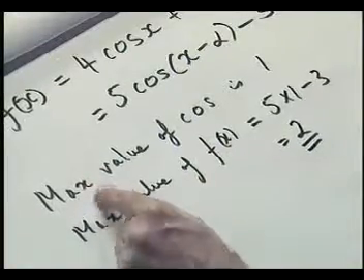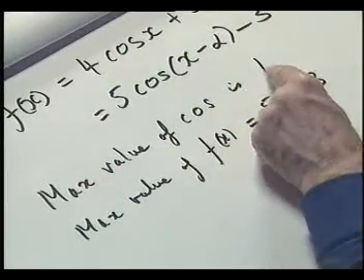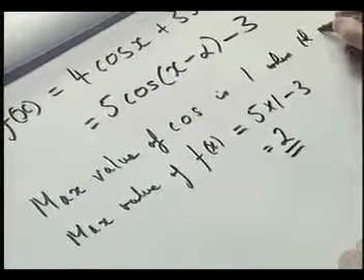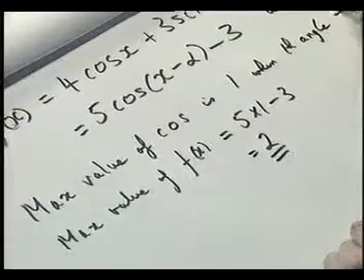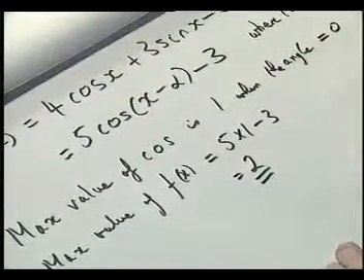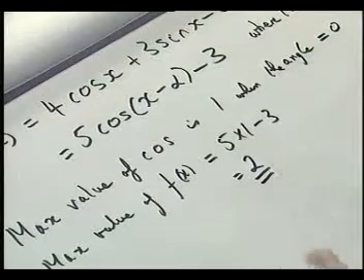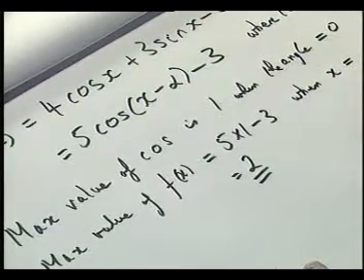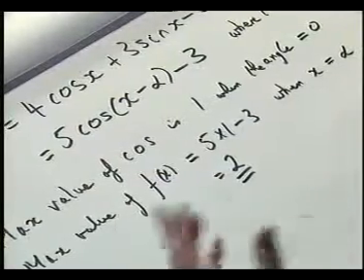Well, let's think. The maximum value of cosine is 1 when the angle equals 0. Well, in this case, the angle will equal 0 when x equals alpha. So very quickly we found out exactly where this maximum value is, exactly at what point this function f of x has its maximum value.